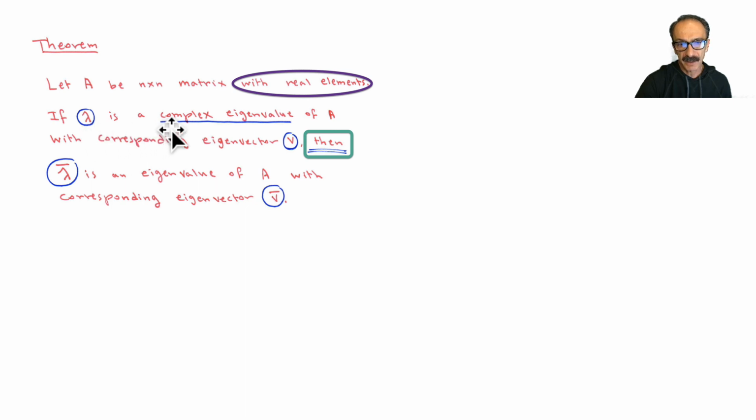If lambda is a complex eigenvalue of A with corresponding eigenvector V, then the conjugate of lambda is an eigenvalue of the same A, with a corresponding eigenvector V conjugate. The following example is going to help us see it clearly. We're going to end up with complex numbers.